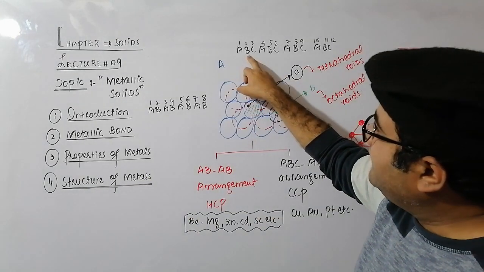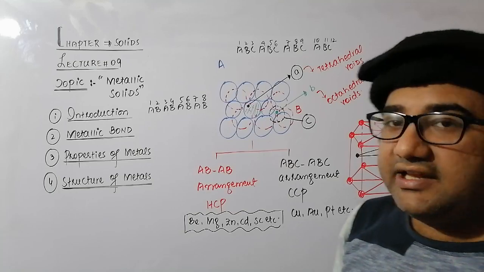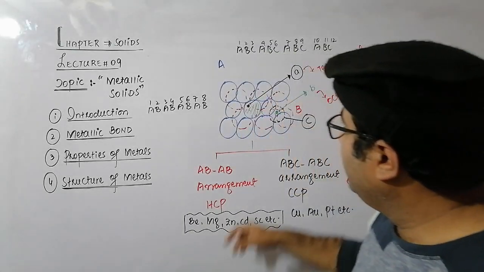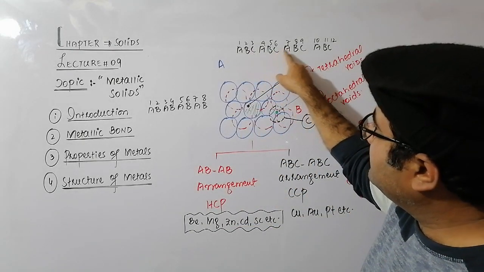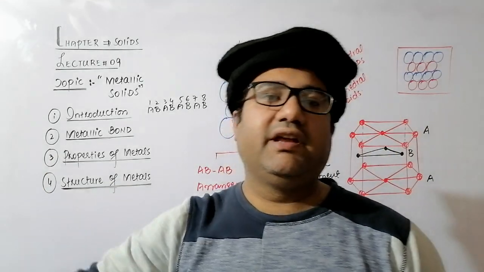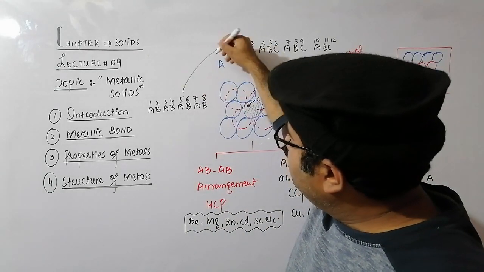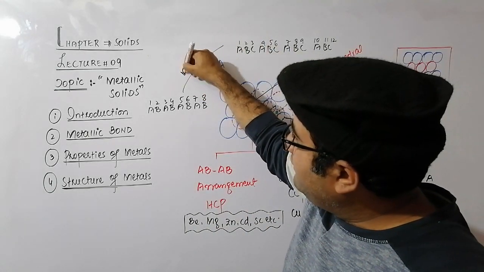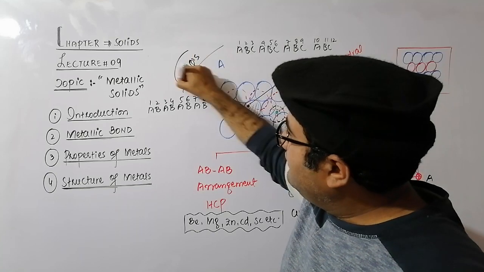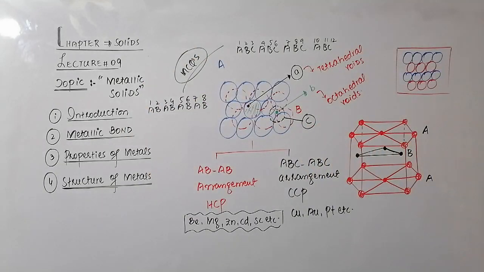In the same way, second, fifth, eighth, 11th, and 14th will be lying on each other. In the same way, third, sixth, 9th, 12th, 15th, 18th will be lying on each other. So these two properties are very important for MCQs: which layers exactly lie over each other.